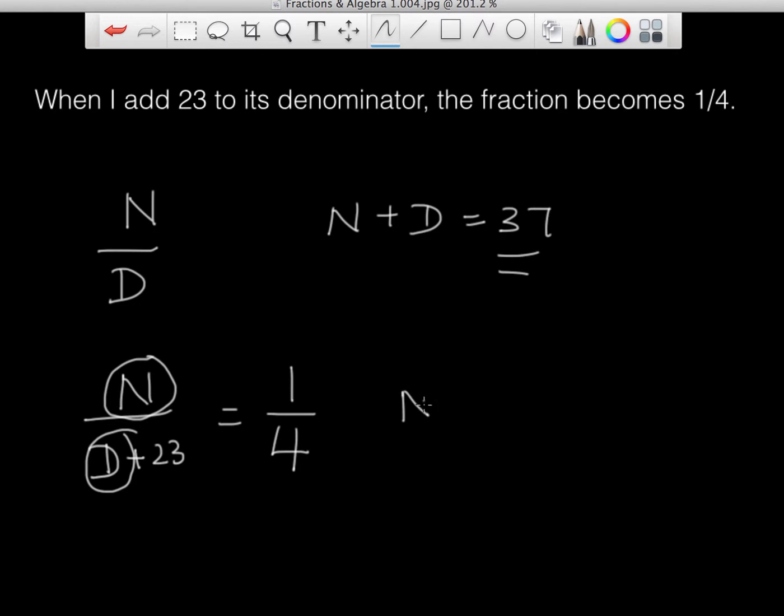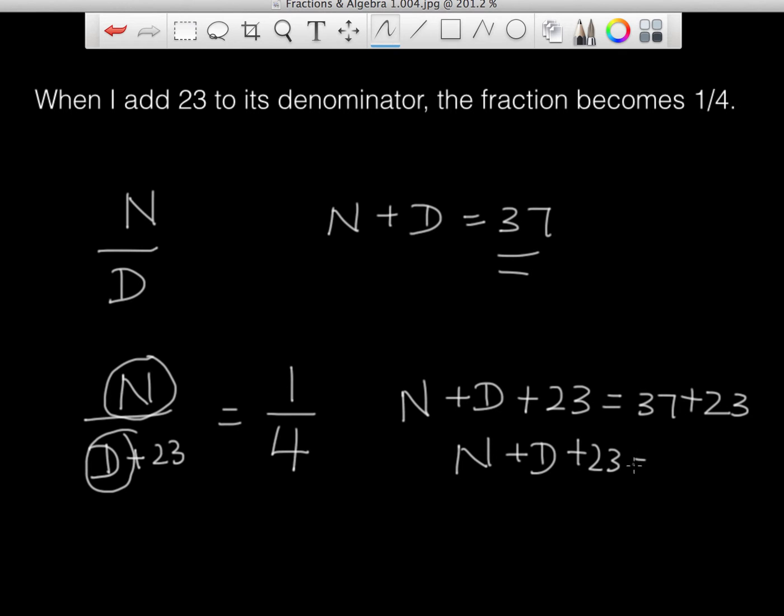Now what you can do is this: numerator plus denominator plus 23. This is the same as 37 plus 23. That means numerator plus denominator plus 23 is equal to 37 plus 23.